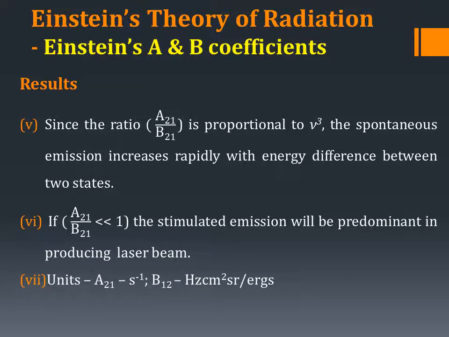And finally, the unit for Einstein's A coefficient A21 is second inverse, and the unit for Einstein's B coefficient B12 is Hertz, centimeter square, steradian per ergs.